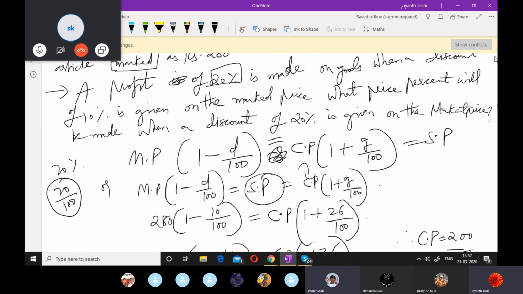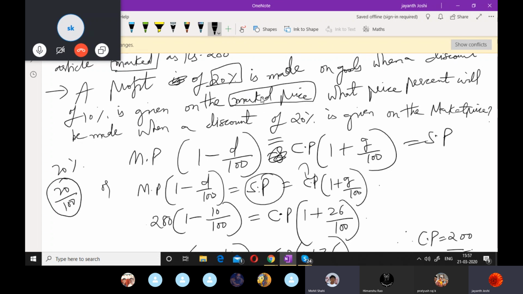The next question is: a profit of 20% is made on goods when a discount of 10% is given on the marked price.